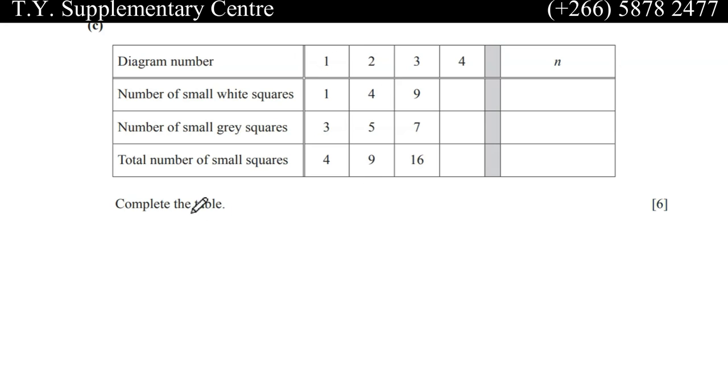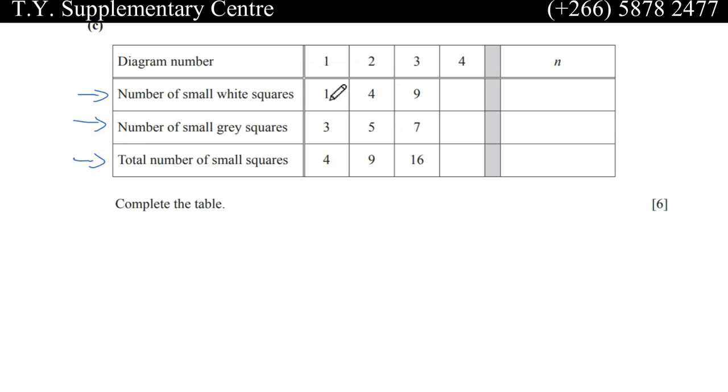So we are told to complete the table. As you can see here, the number of white squares is 1 in the first diagram, 4 in the second diagram, and 9 in the third diagram. Also note that each of these 3 rows, the numbers 1, 4, 9, 3, 5, 7, and 4, 9, 16, make up a sequence.